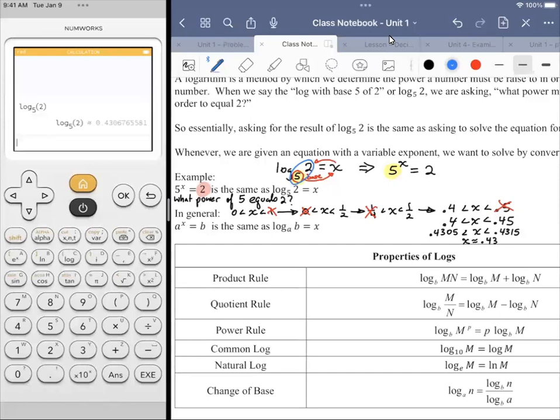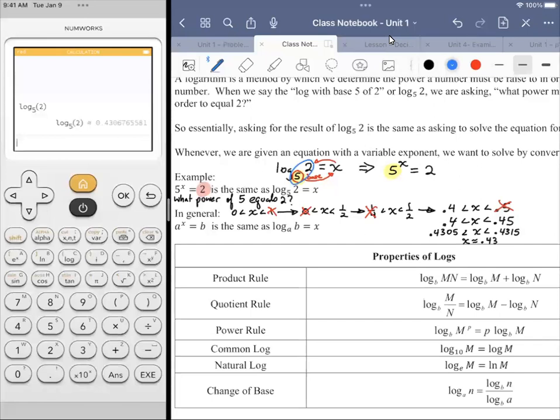Like they have a memory location in whatever device you're using that returns 0.430676 and so on when log base 5 of 2 is inputted. So long story short, it just means that the calculator's looking it up. It's not doing anything special. It's just looking up the value in its memory.